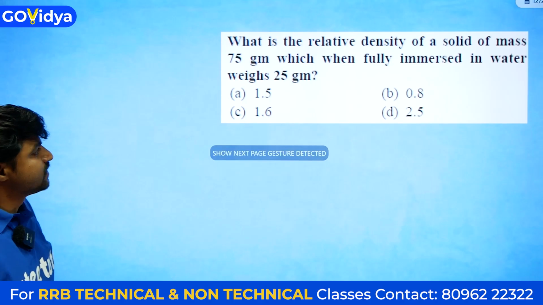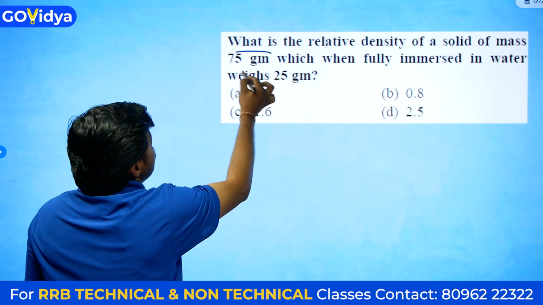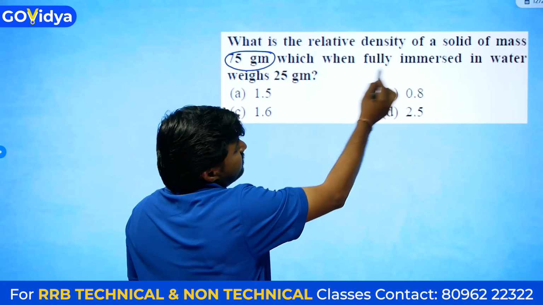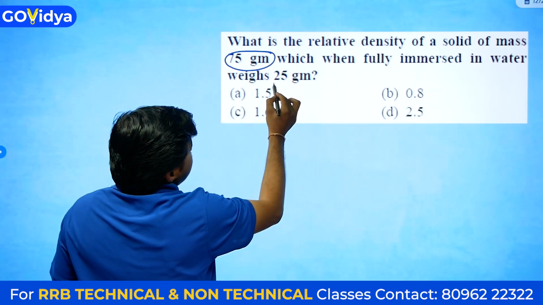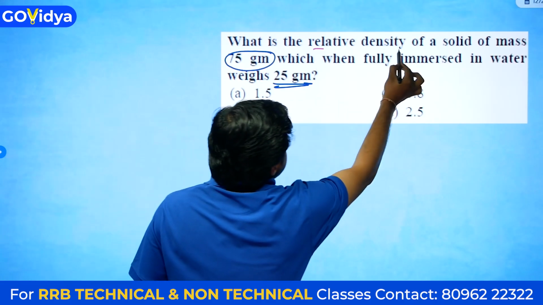Next question, what is the relative density of a solid of mass 75 grams, when it is fully immersed in water the weight is 25 grams. They are asking about relative density.